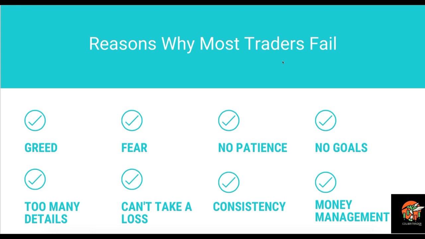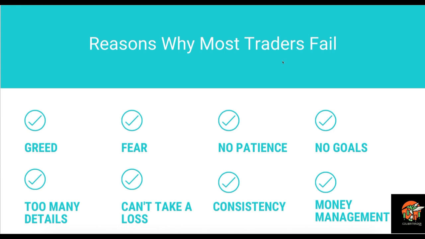The next point in why traders fail is consistency, and this is something that especially intermediate traders, I wouldn't say beginner traders, are trying to achieve: being consistent over the long term. Maybe some of you have experienced periods where you're making a lot of money very quickly, but then those periods are followed by periods of losing.